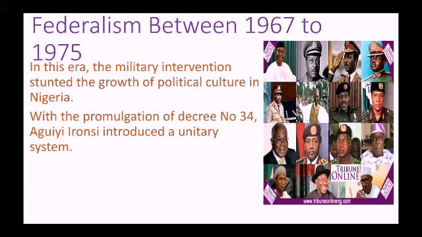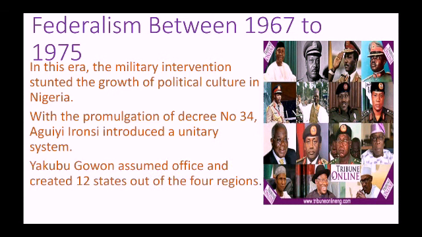What happened thereafter was that Yakubu Gowon assumed office after the death of Aguiyi Ironsi, and created 12 more states out of the 4 existing regions.